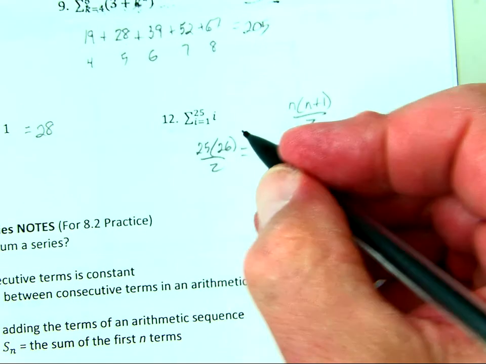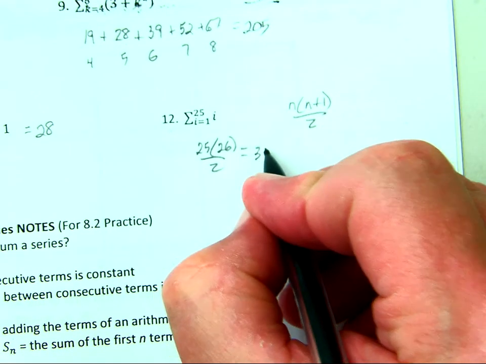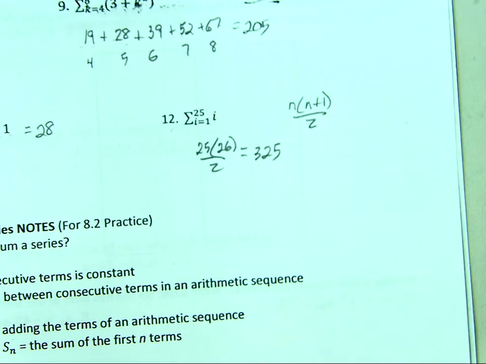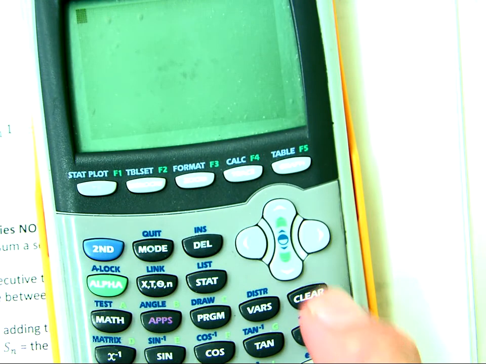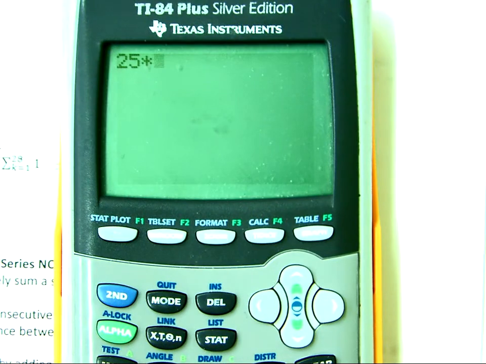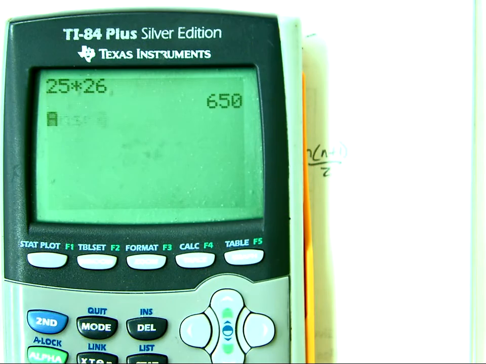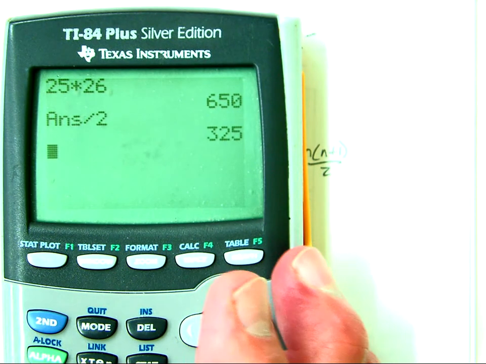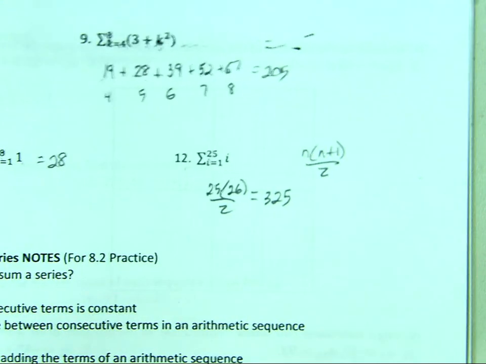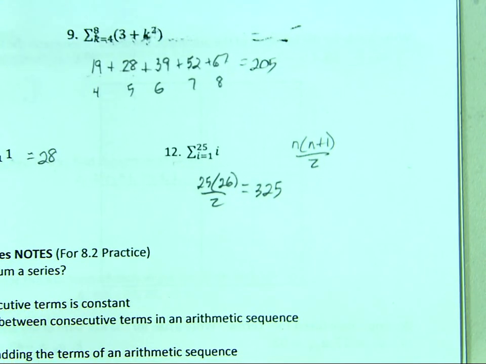When you work that out on your calculator, it's 325. So 25 times 26 divided by 2, 325. All right, so that's it for 8.1.